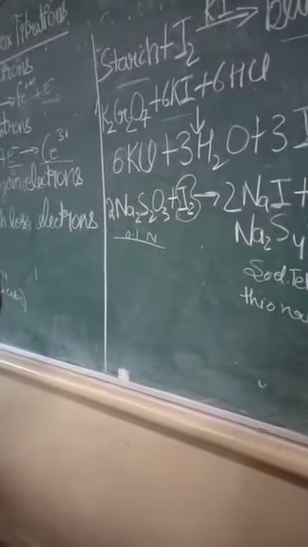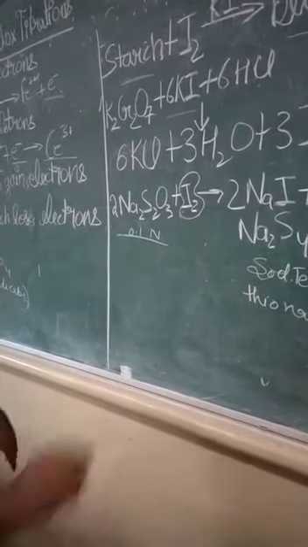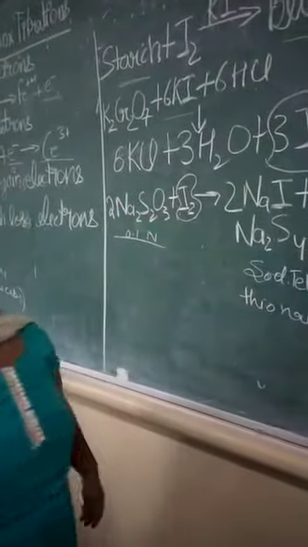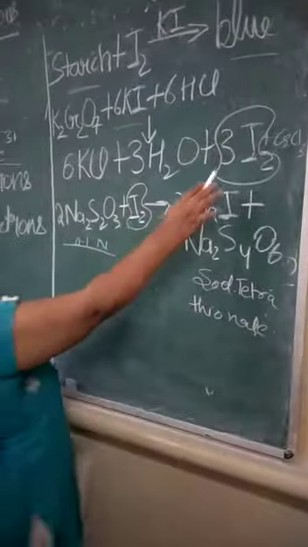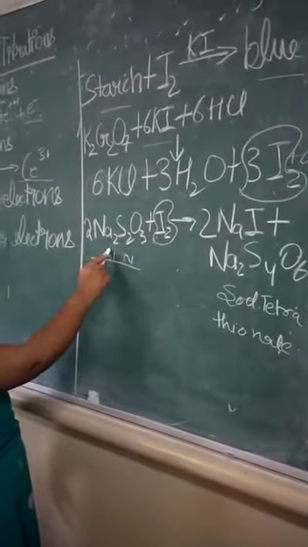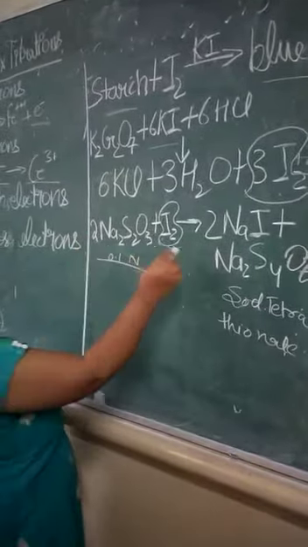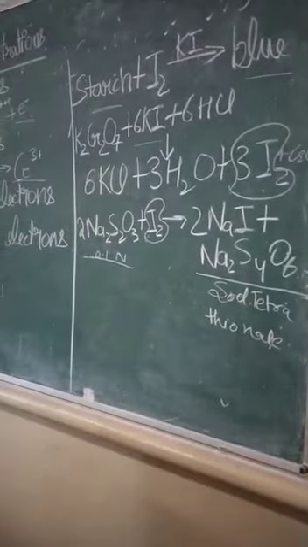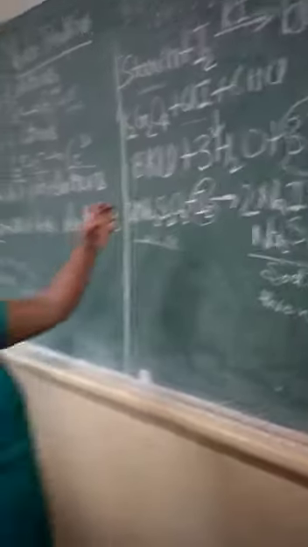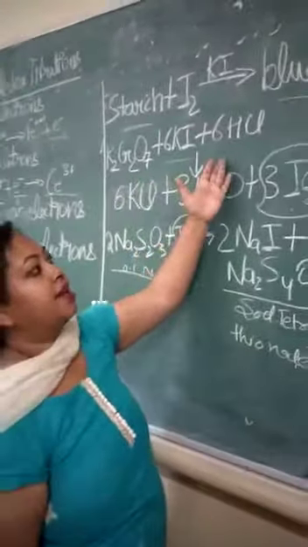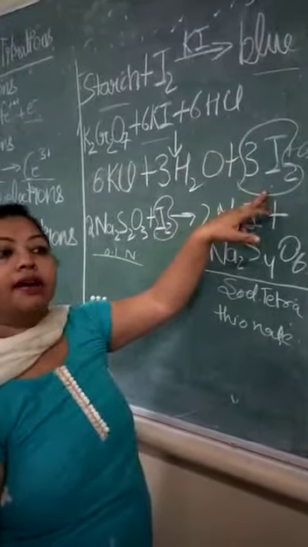All three of them react together to generate iodine, which was our main purpose. Once this iodine is generated, it will react with sodium thiosulfate in the burette to give the final compound, sodium tetrathionate. So the purpose of adding potassium dichromate and HCl together is to generate the iodine.